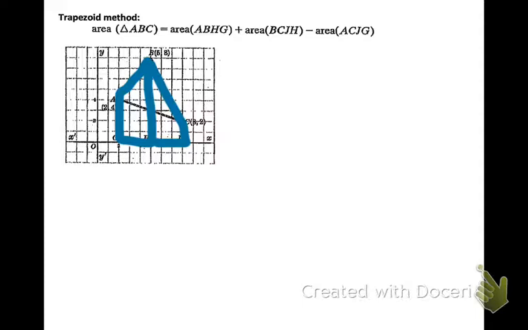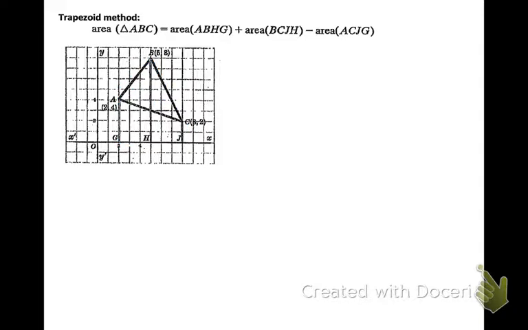I take their area, and then I subtract the area of the lower trapezoid. We subtract this area from that, and what I'm left with is the area of triangle ABC. All right? Okay. So let's clear that out so that you can see better.